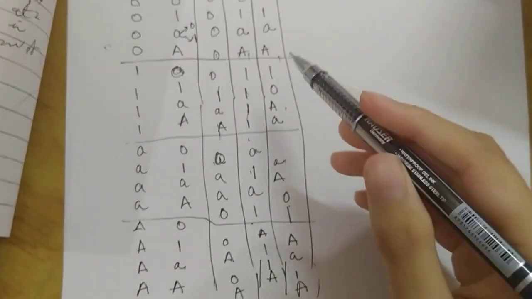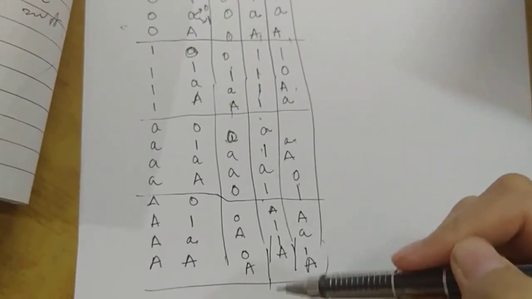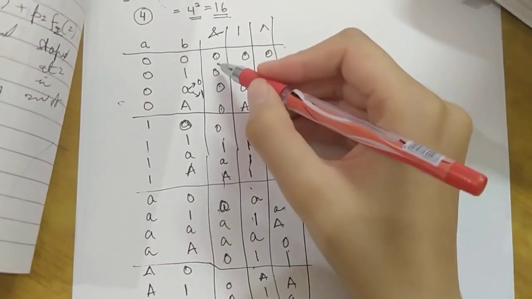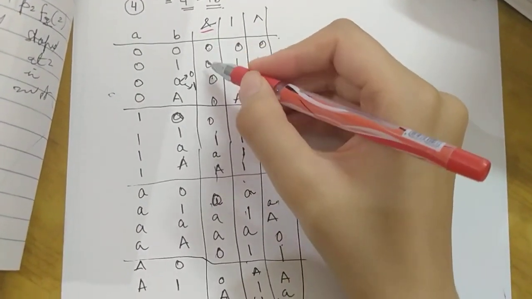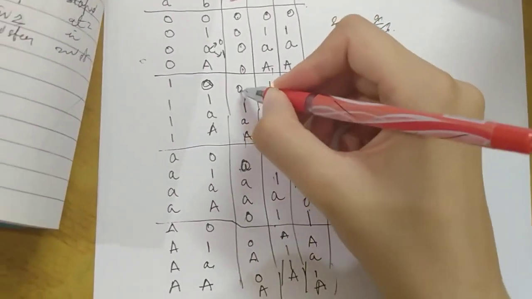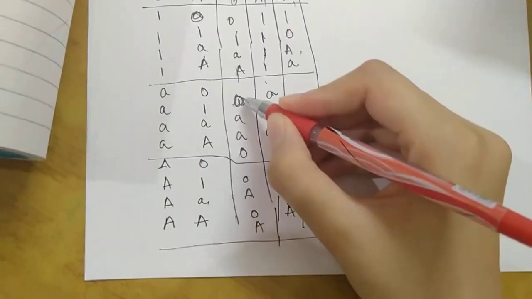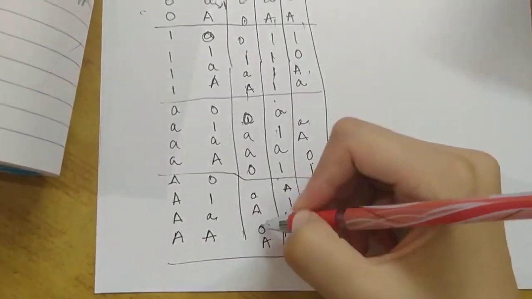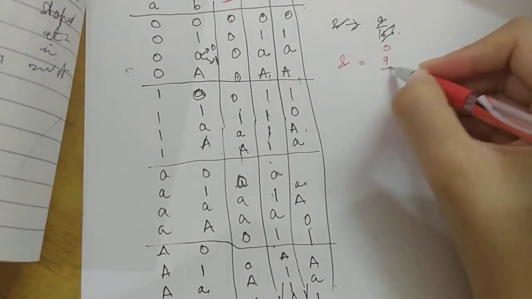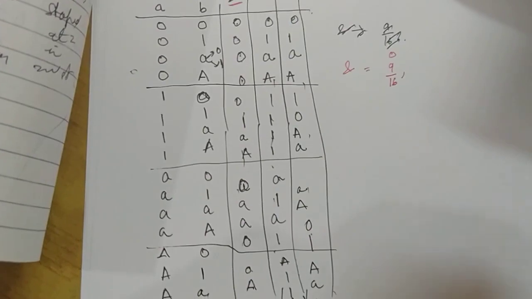Let me show you quickly. Here I have constructed the table. Clearly in case of AND, we can see we have 4 zeros, 1, 2, 3, 4, 5, 6, 7, 8, 9. We have 9 zeros. So for AND we can say for 0 we have 9 by 16 chance.